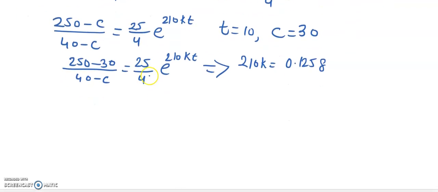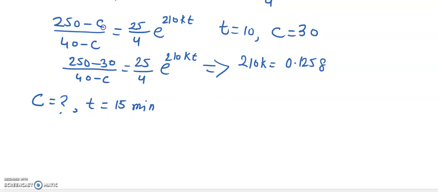Okay, so now we have to find the value of x after time 15 minutes. So again, we can solve it in terms of x, that means actually C. We have to find the value of C at time equal to 15 minutes.